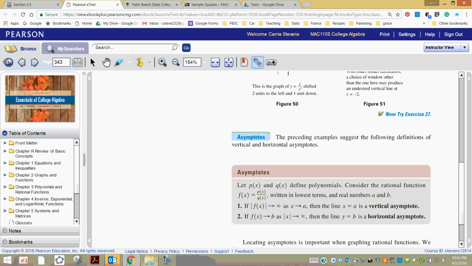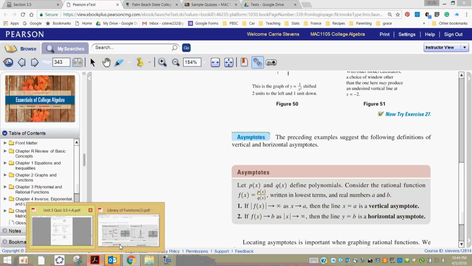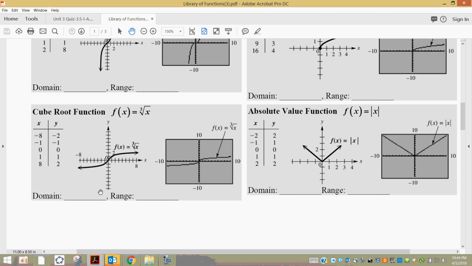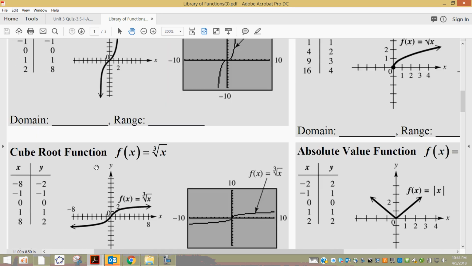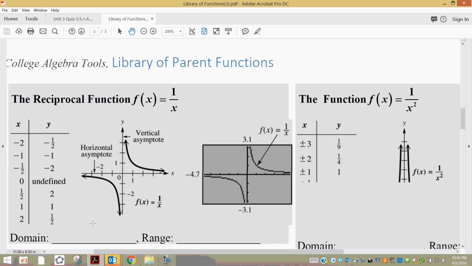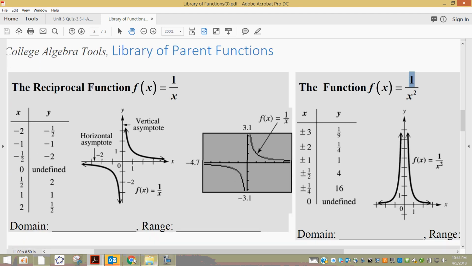And also looking back at the reciprocal function, seeing that, I went too far, go back a little bit. Seeing that number 1 said if y, or rather the absolute value of f of x, is approaching infinity.